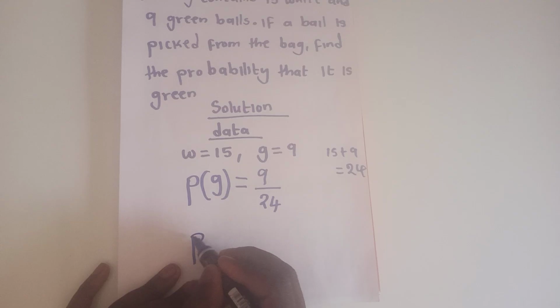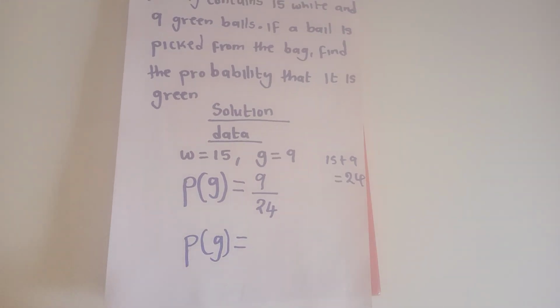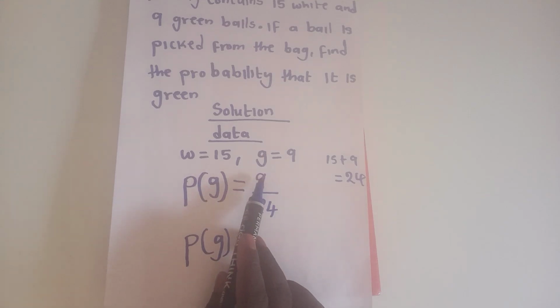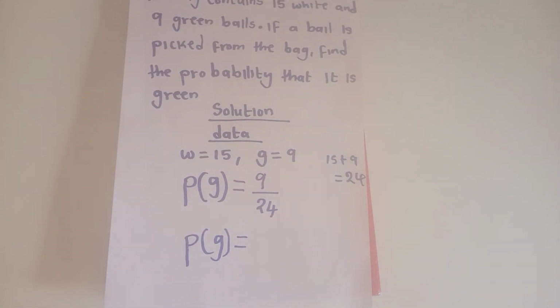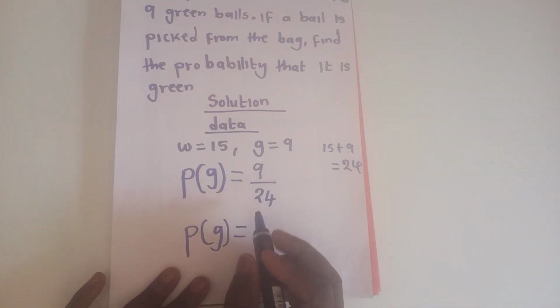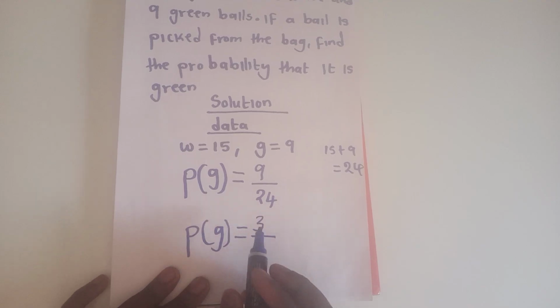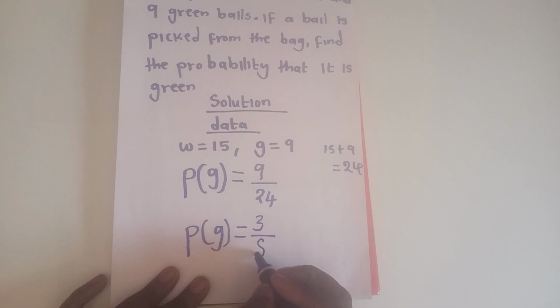So probability of color green is equal to, you look for a number which can go into both 9 and 24. That number is 3. 3 into 9 is 3. 3 into 24 goes there 8 times.